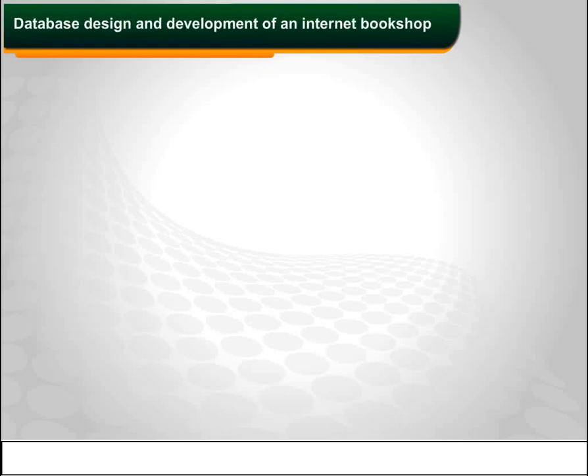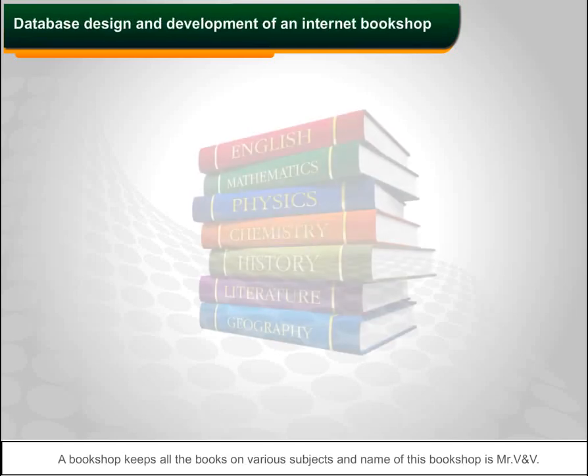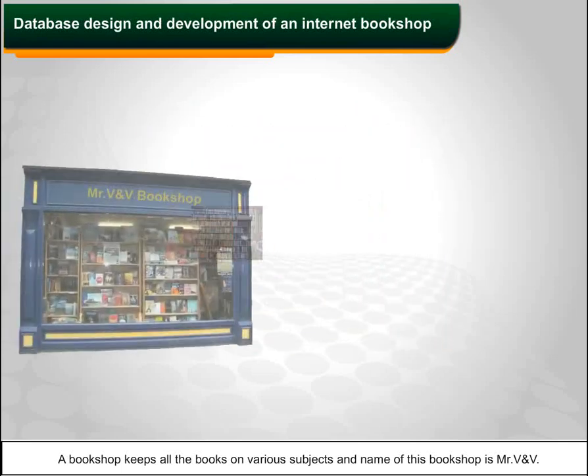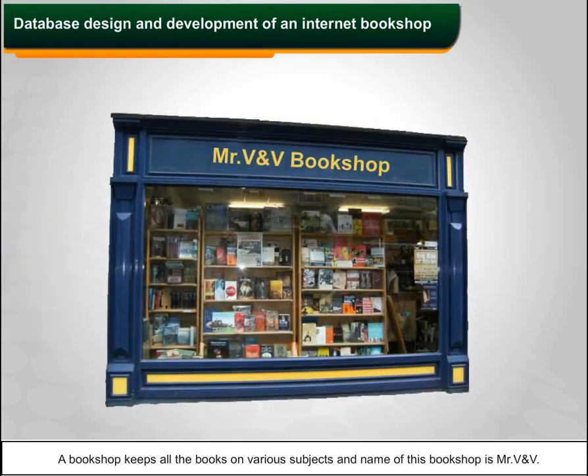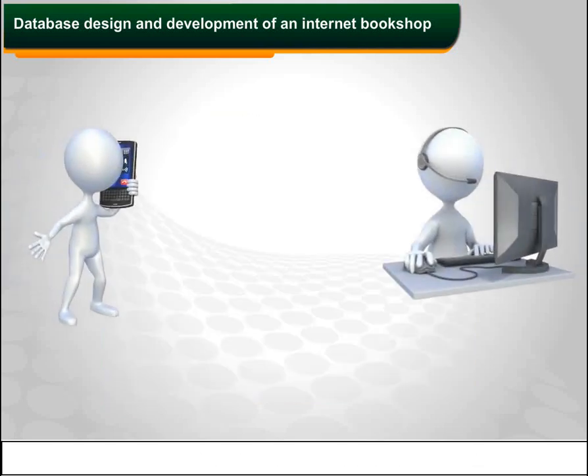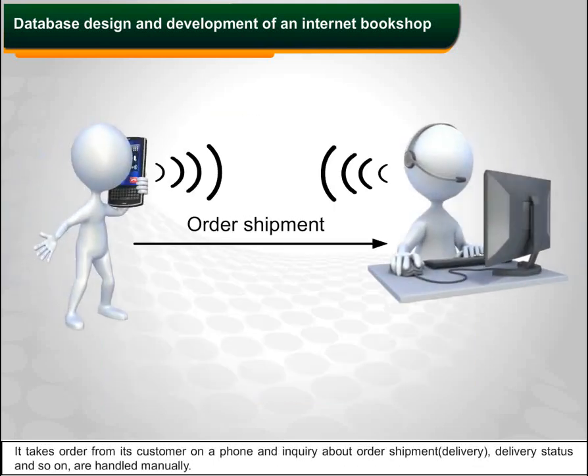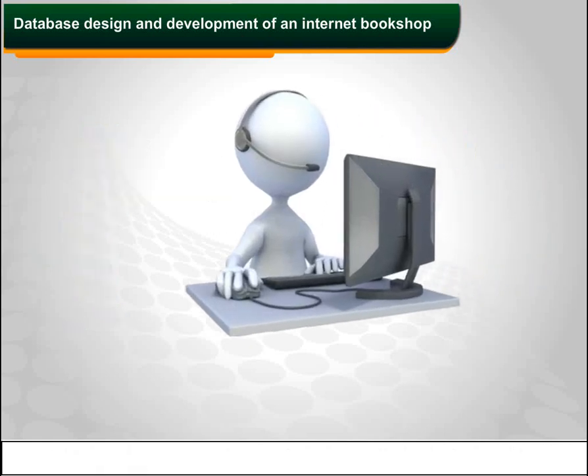Database design and development of an internet bookshop. A bookshop keeps all the books on various subjects, and the name of this bookshop is Mr. V and V. It takes orders from its customers on the phone, and inquiries about order shipments, that is delivery, delivery status, and so on, are handled manually.